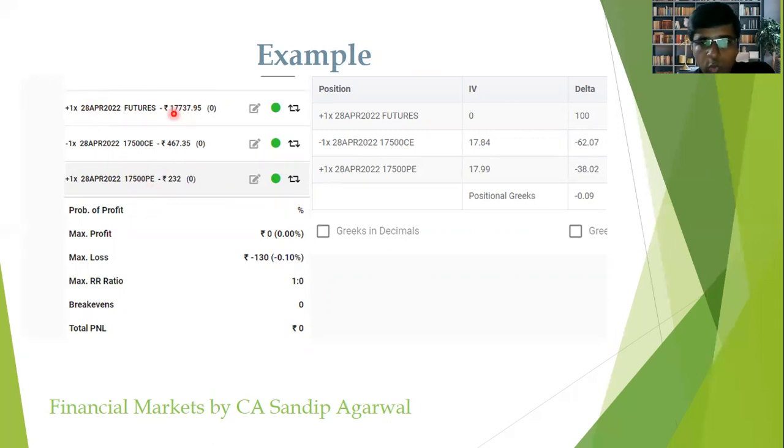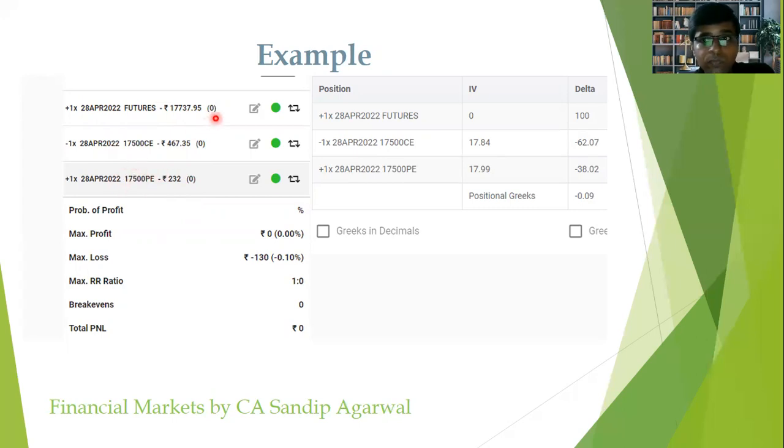Now, if we exclude the futures, then the person has basically received a premium on a net basis of 233 points. So he has received a premium of 467 and paid a premium of 232. So the net premium received by him is around 233 points. And the person has initiated this position at the 70,500 strike price.